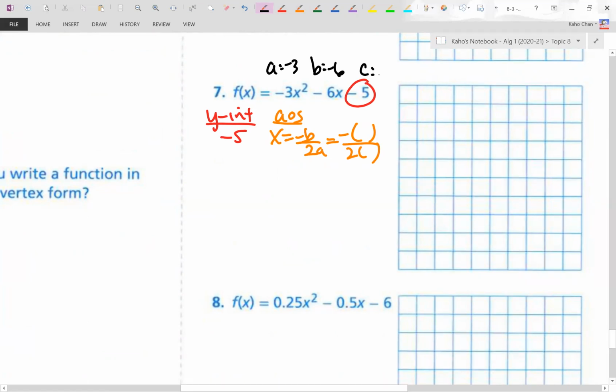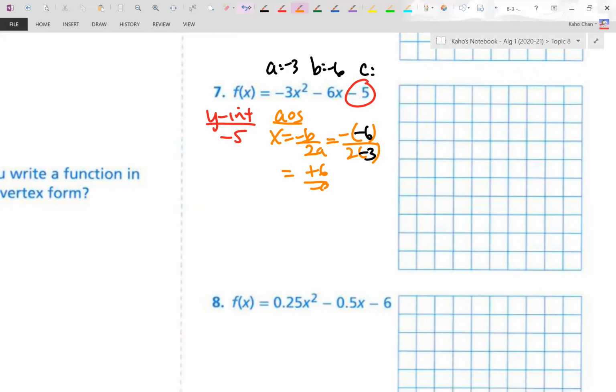But in this case, we've got to put in the numbers. So B, -6. Over 2 times -3. If we clean that up, we will get +6 over -6. Thank goodness, that's easy to reduce. That's -1, my axis of symmetry.